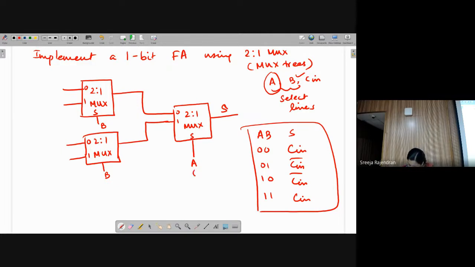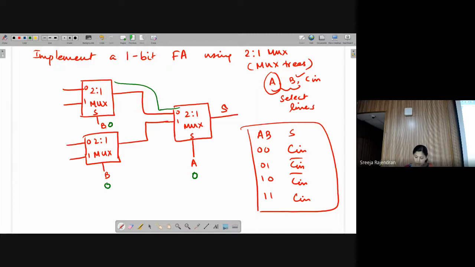So if A is 0 and B is 0. Now when A is 0, which input will be selected for this one? This one, right? Whatever this input is. Now, this input comes from where? From this multiplexer, yes or no?